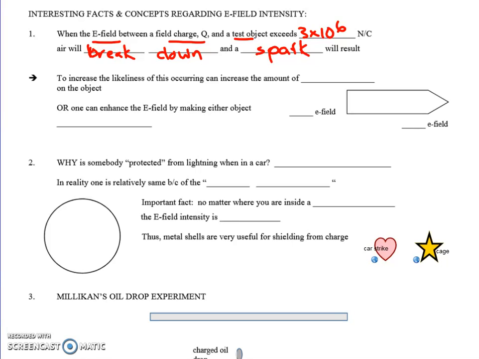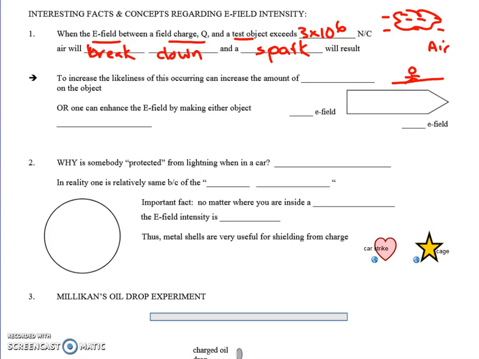So imagine this. We have a cloud. I don't have to draw this, right? Here is some object on the ground. It could be a person, it could be a tree. And you have air between them. And the air is a very good insulator, so all the charges that build up on a cloud shouldn't jump to the person.